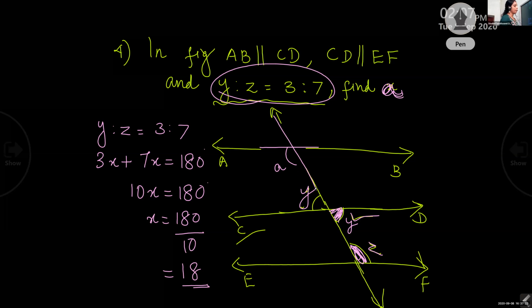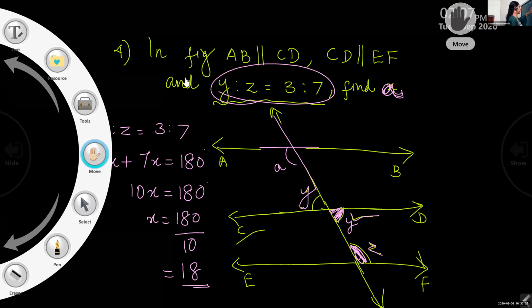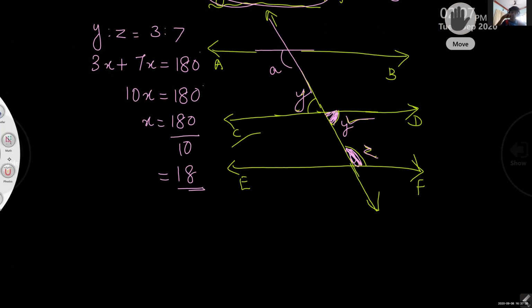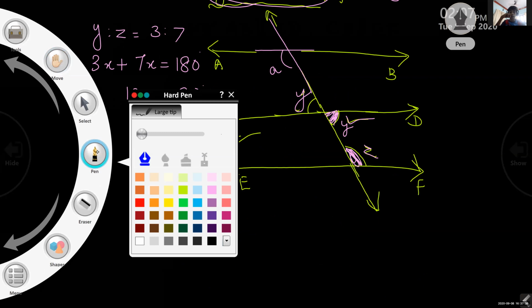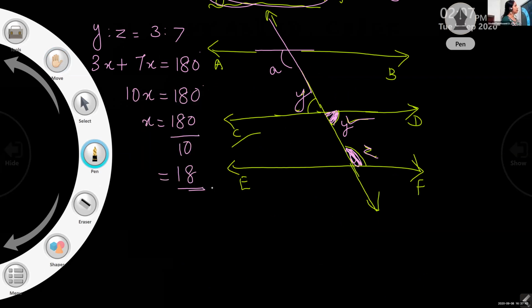These two are also supplementary, isn't it? So find out Y now. What is Y? Ma'am, we can find Z and X value same now. Vertically opposite angles. Z and X. A, where is it?